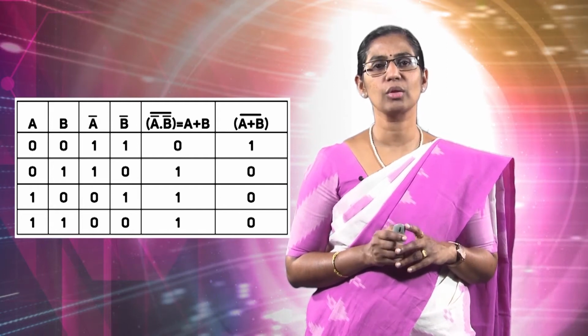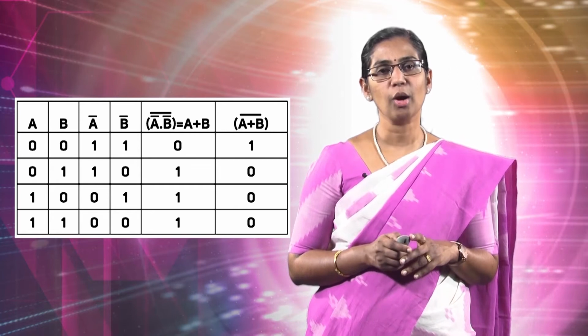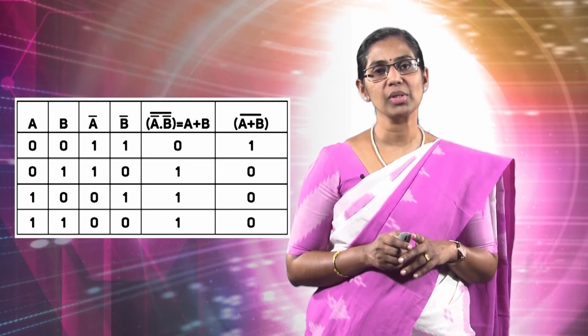And in the last row you can see that A is 1, B is 1, A complement is 0, B complement is 0 and the next two columns are 1 and 0. This verifies the result. It is also possible to implement XOR and XNOR gates using NAND gates using the above techniques, as they are combinations of OR, NOT and AND gates.